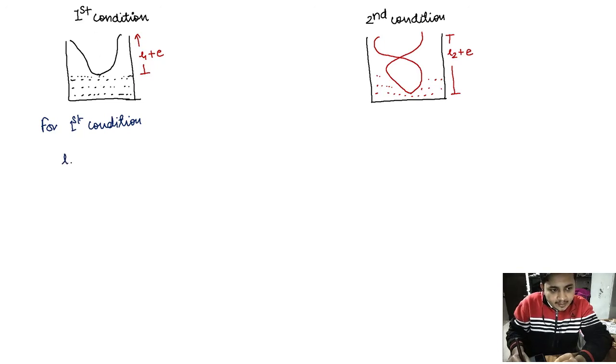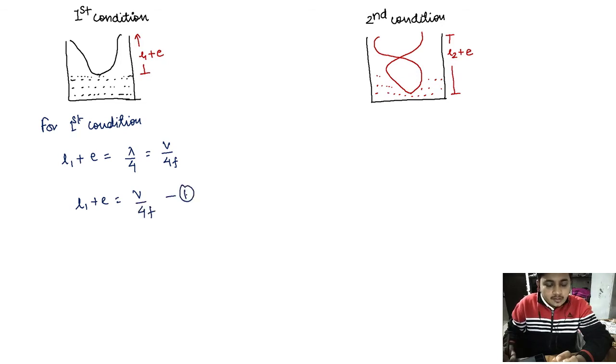So we can write L1 plus E is equals to lambda by 4, as we have seen in the previous slide that the distance between a node and antinode is lambda by 4, and we know the relation between V and F in terms of lambda. So we can write V by 4F. So this becomes L1 plus E is equals to V by 4F. Name this equation as first.